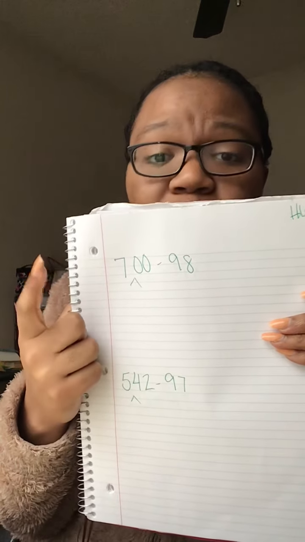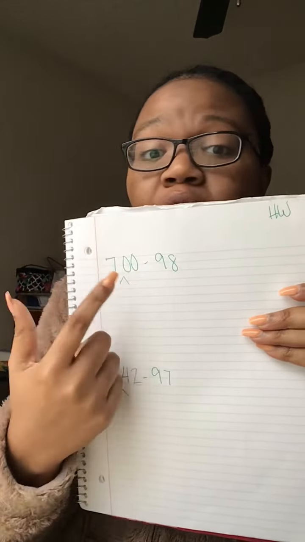So we're going to put 100 right here, and then we do 700 minus 100. We know 100 goes right here. So what will go right here if we subtract 700 minus 100? It'll be 600, okay? So we just write 600 just like that.